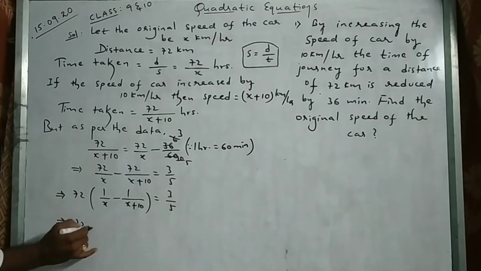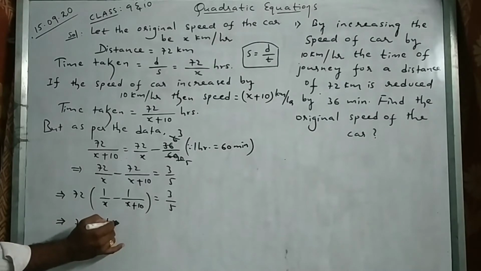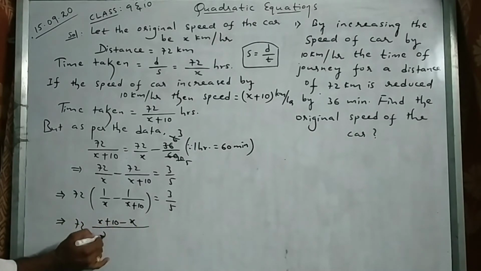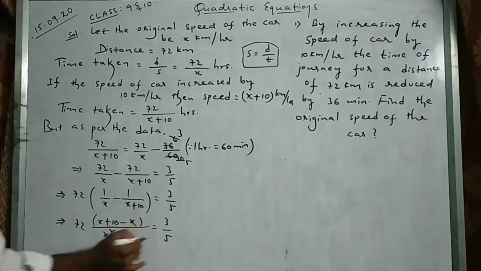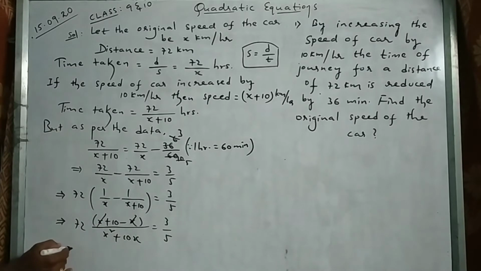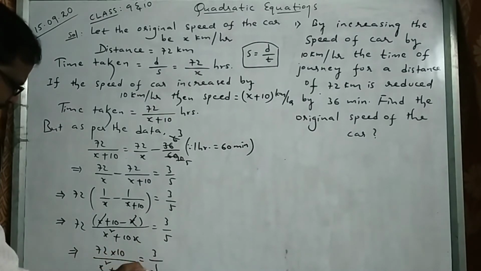So 72 into x plus 10 minus x upon x square plus 10x equal to 3 by 5. x gets cancelled. So 72 into 10 upon x square plus 10x equal to 3 by 5.